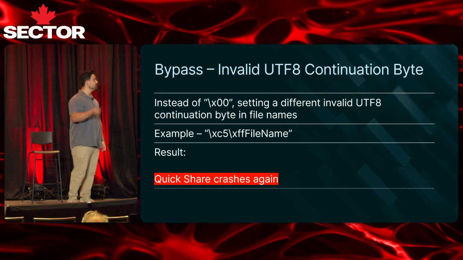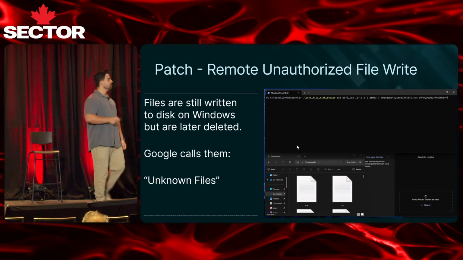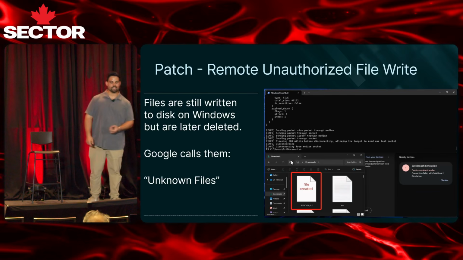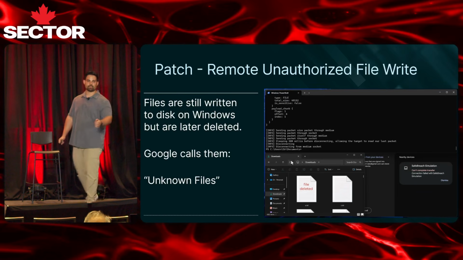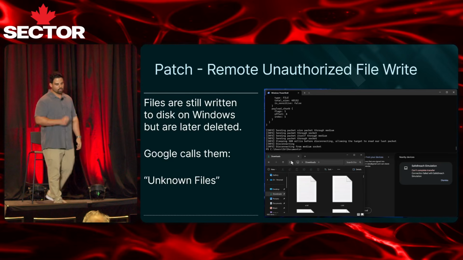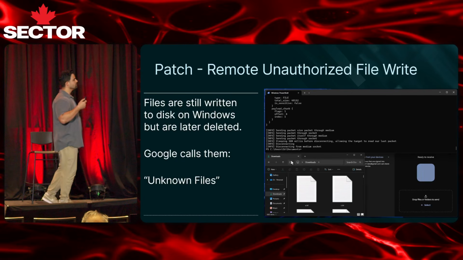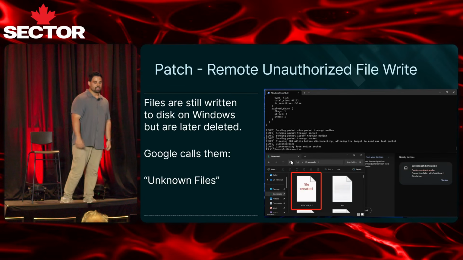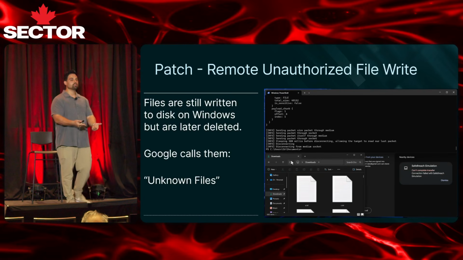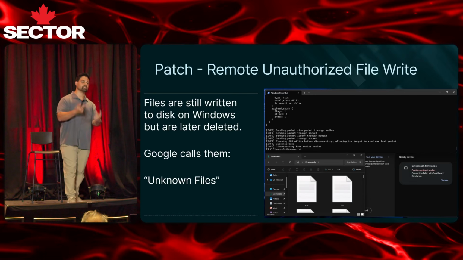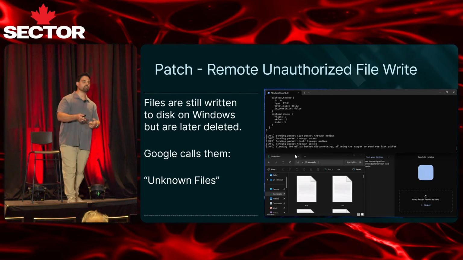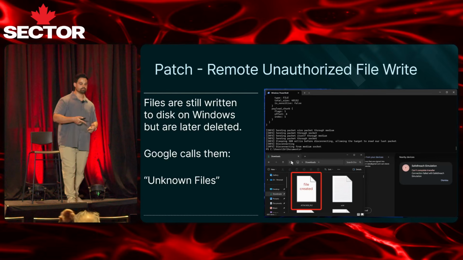But this was not the most interesting surprise, as the most interesting surprise was related to the file acceptance bypass that we found. What we saw when we re-ran our exploit after the issues were fixed is that our file was still written to the victim's disk, only that after a few seconds it got deleted.